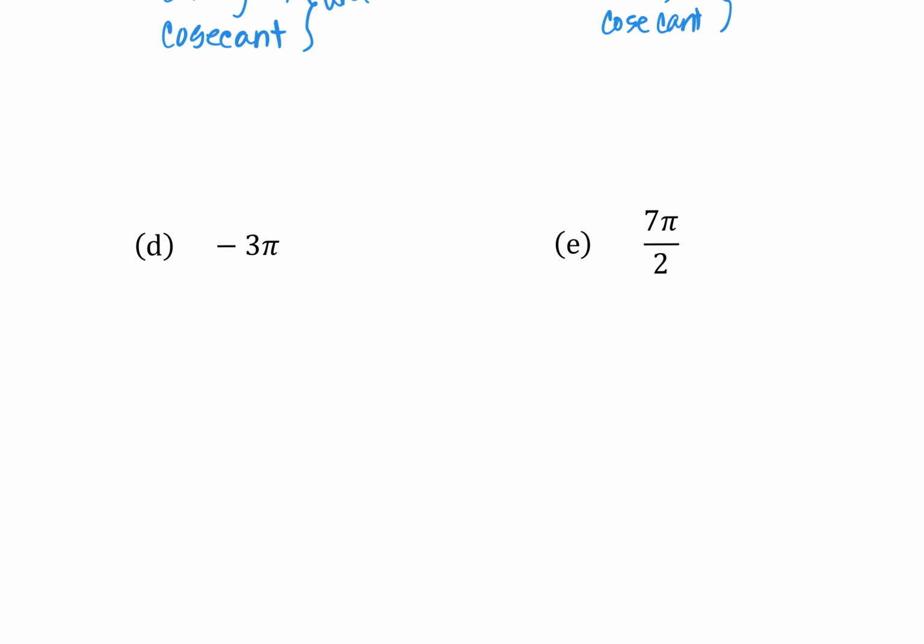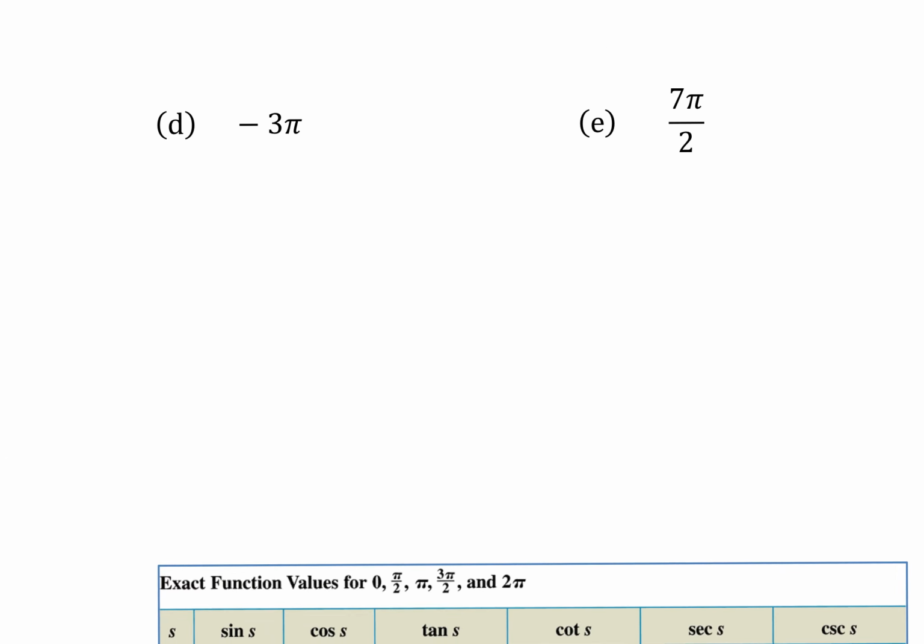Okay, 3 more examples. Negative 3 pi. Again, we're going to go in the negative direction. We're going to go a distance of 3 pi. So that would be one rotation and another pi. You would actually be at the point pi. So negative 3 pi corresponds to the same point as a positive pi.